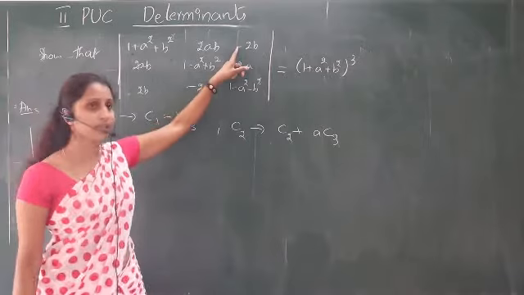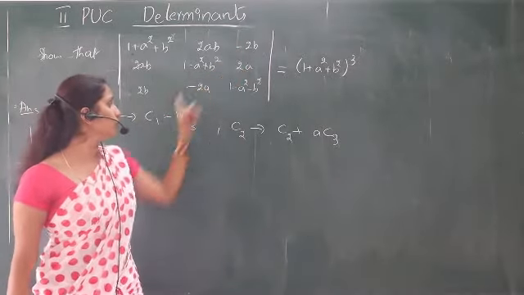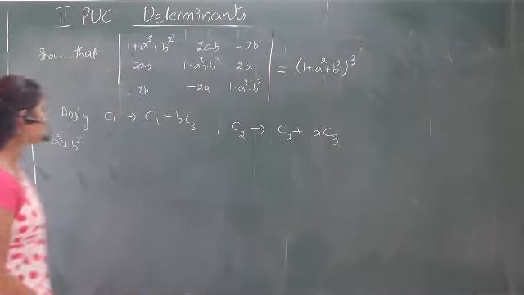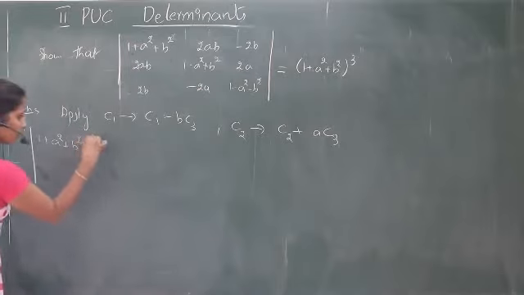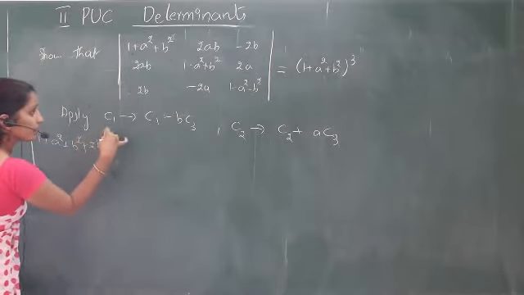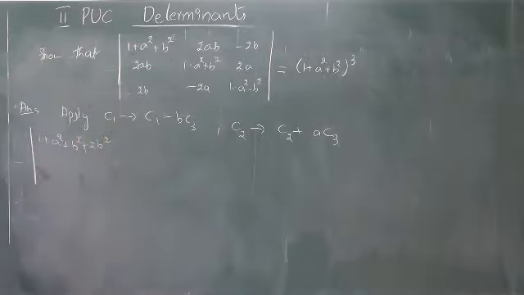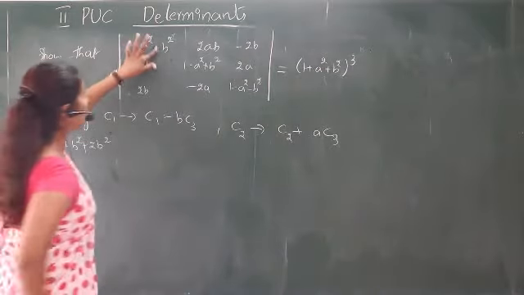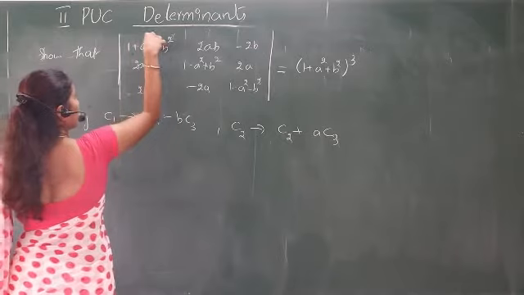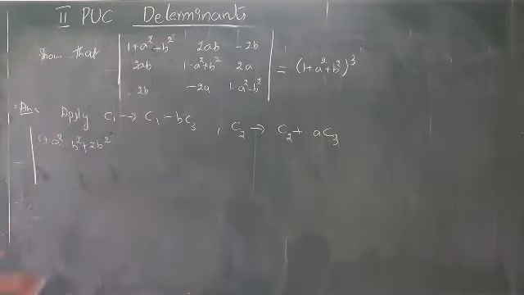Minus into minus is plus, 2B into B is plus 2B square. 1 plus A square, 1 plus A square, so this will be minus B square. It is 1 plus A square minus B square.